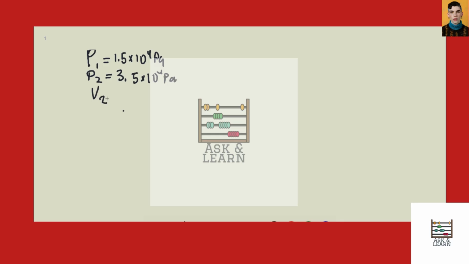And V2, let's call that one 0.0435 meter cubed. And V1 is 0.028 meter cubed. And I think that's it.